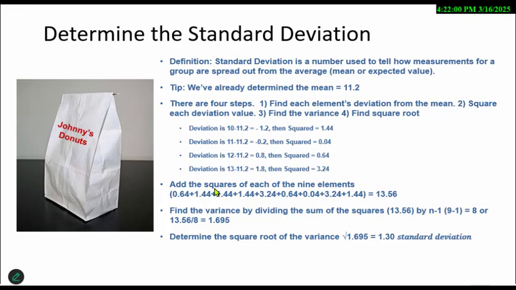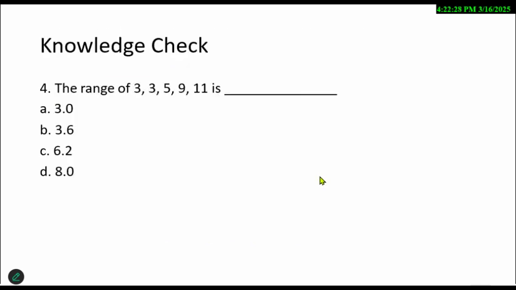We square all these 9 deviations, and we get 13.6 divided by the sum of the squared minus 1 is 1.6, and take the square root of that gets us 1.3. Oh, that's ugly. If you can do this, that's fine. You're welcome to do it. I can do it, but I don't want to do it if I have the calculator, because this takes time, and it's easy to make a mistake.